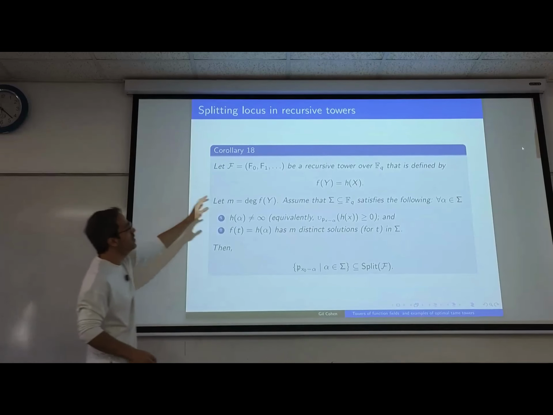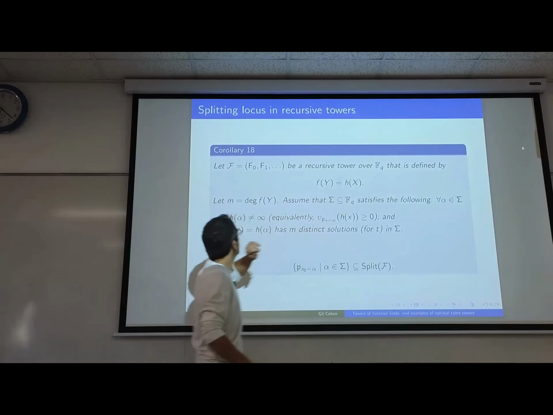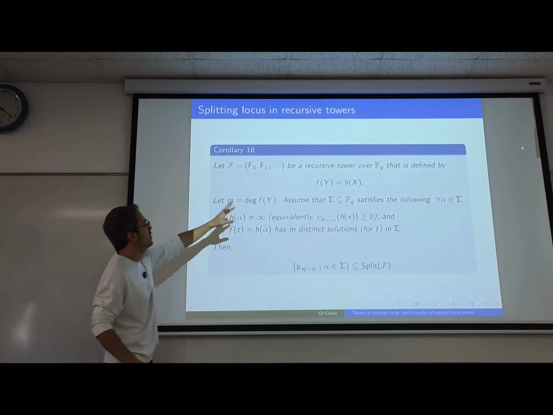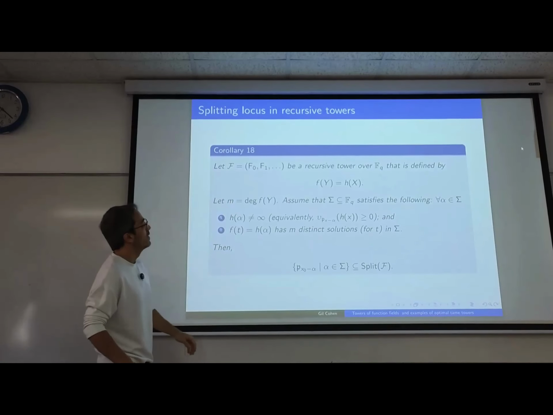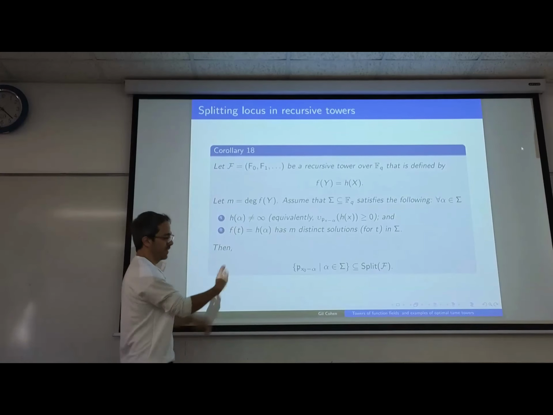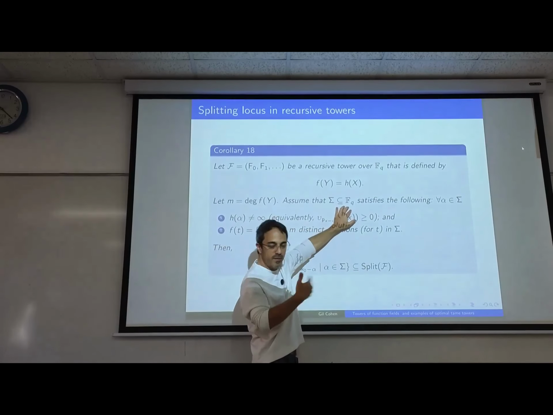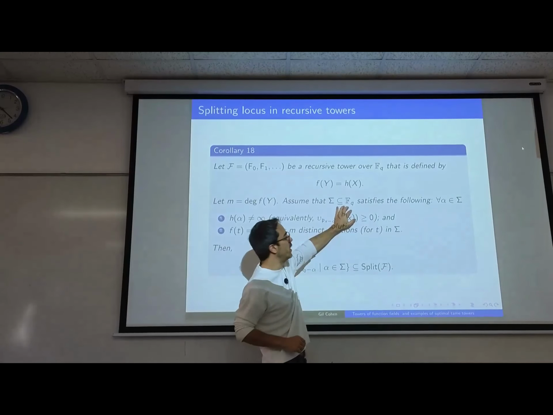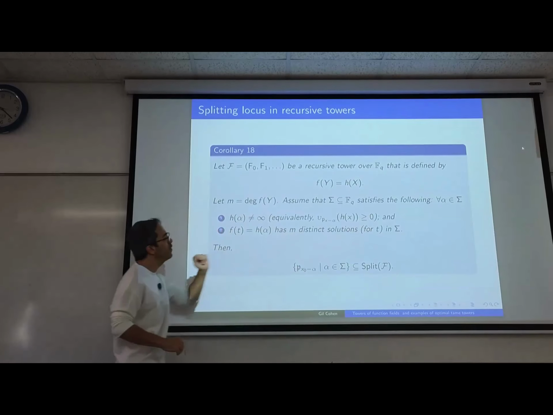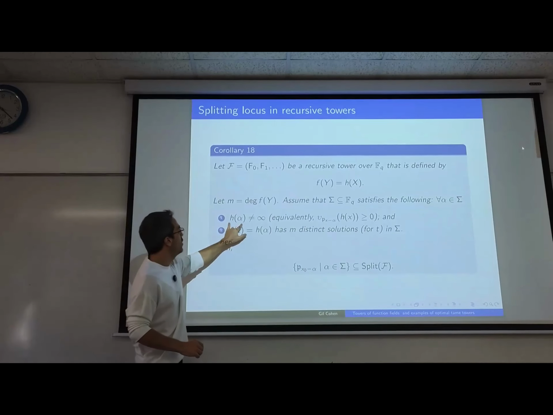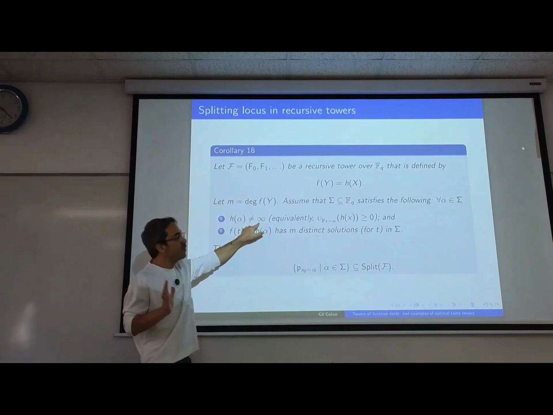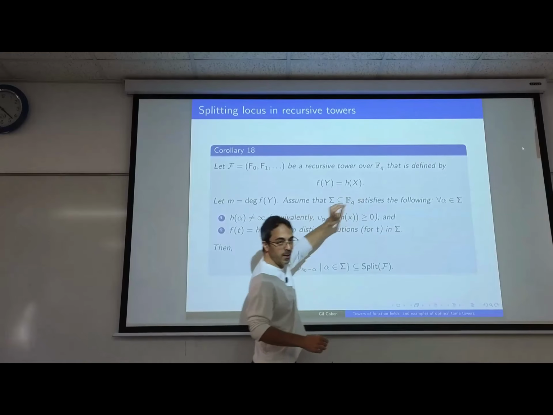So if you have a recursive tower defined like that, don't worry, m is just a degree. And assume you can find a set sigma, our sigma, but you see, not infinities. I don't mind the infinities, I'm going to give one away. Such that for every alpha in sigma, first of all, h of alpha is not infinity, well defined, you can evaluate the right-hand side there.